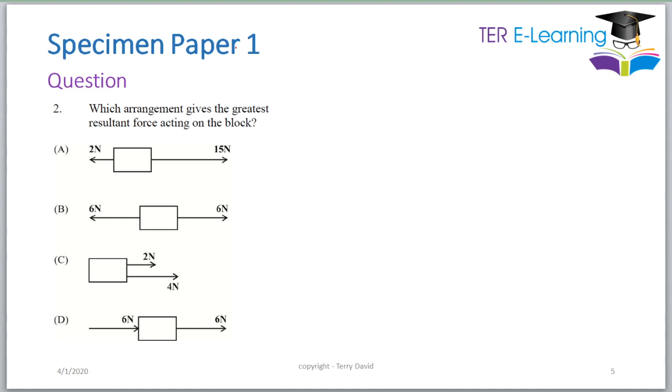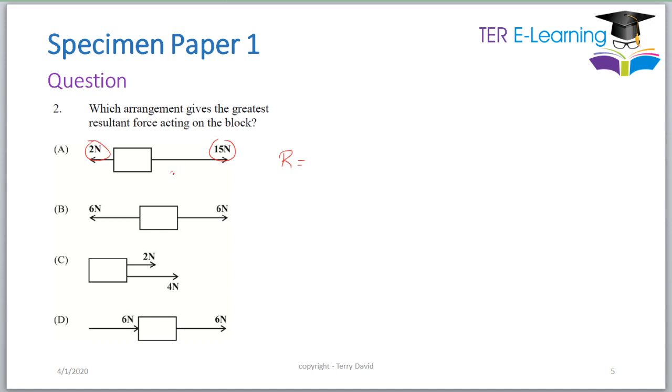The second question is asking which arrangement gives the greatest resultant force acting on the block. Your resultant force is your combined force. In part A, the forces are acting in opposite directions, so we have 15 Newtons and 2 Newtons.